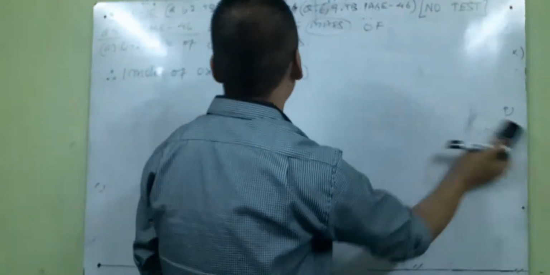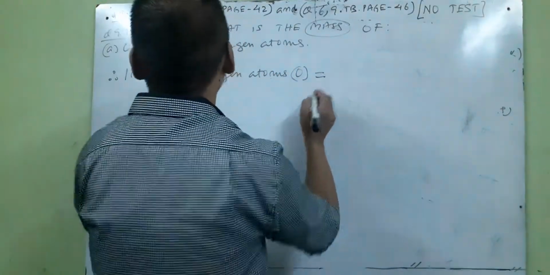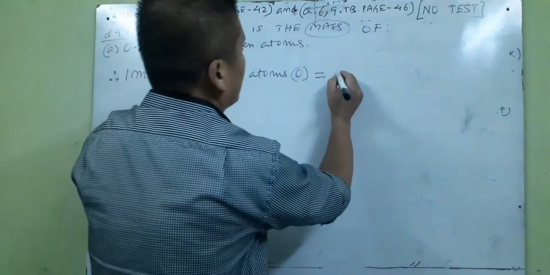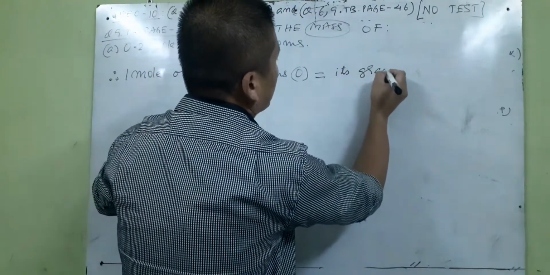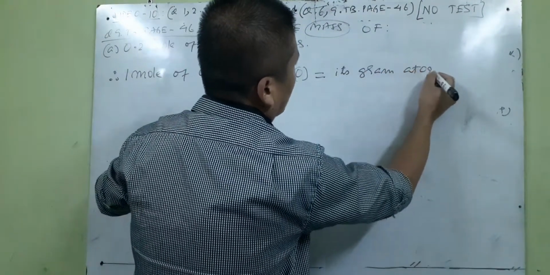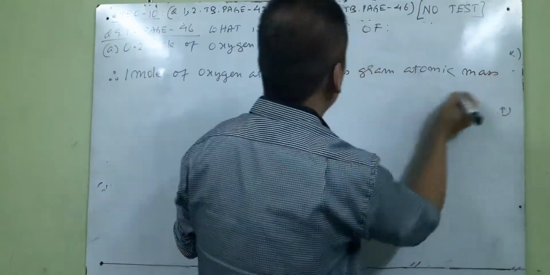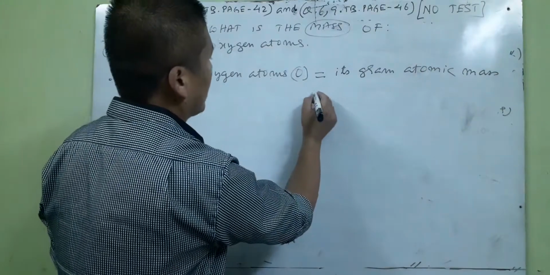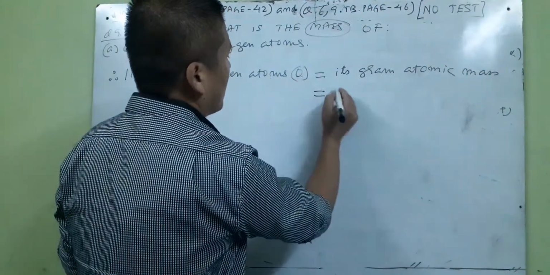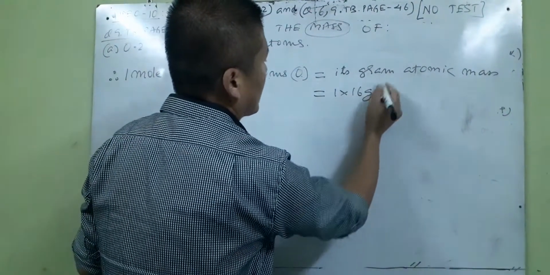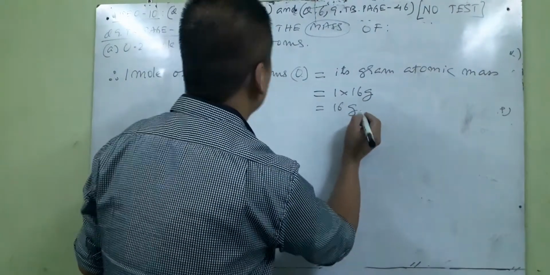You know the formula now. 1 mole of oxygen atoms will be equal to, this is mole, and we have to find mass. It's gram, because it's atom very clearly mentioned. Not mentioned also, only 1 atom at the back, so atomic mass. So here, you write here, at the back 1, so 1 into 1, oxygen is 16, and gram means put there 16 grams.